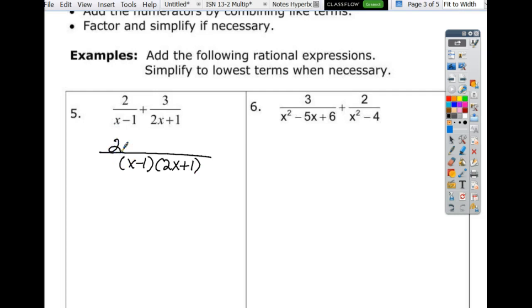What's under the 2? Minus 1, right? So what's not under the 2? This is not underneath the 2. The 1 is definitely under the 2. So I'm going to multiply this times what's missing.